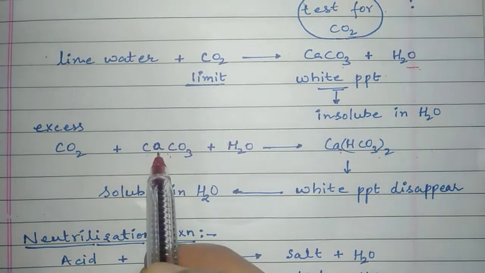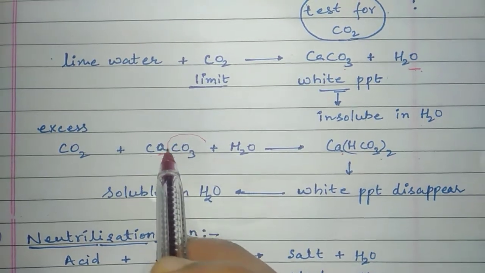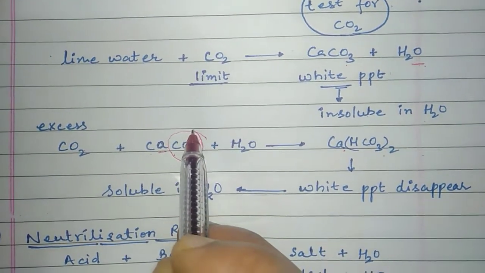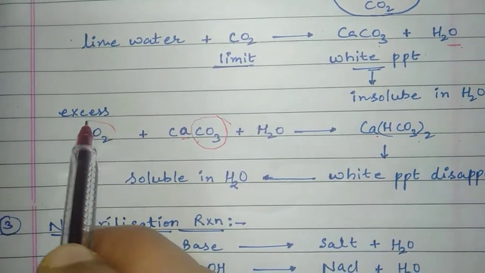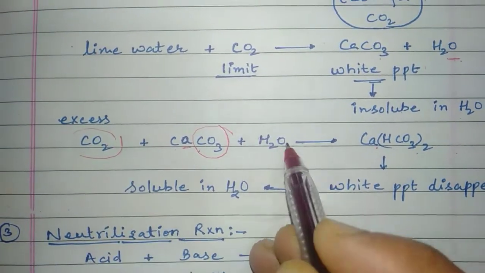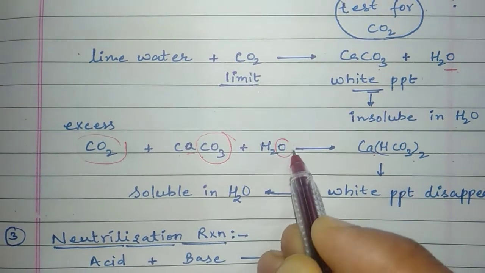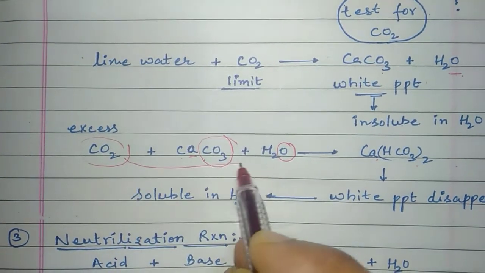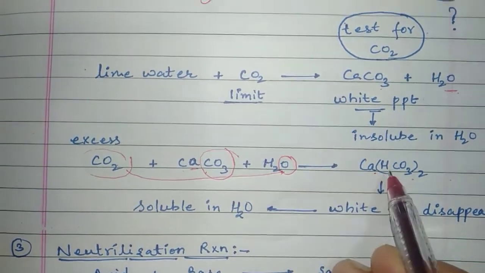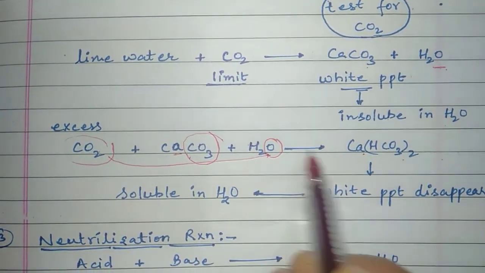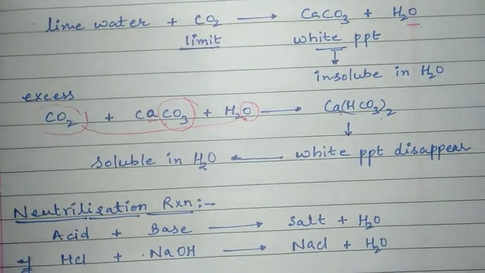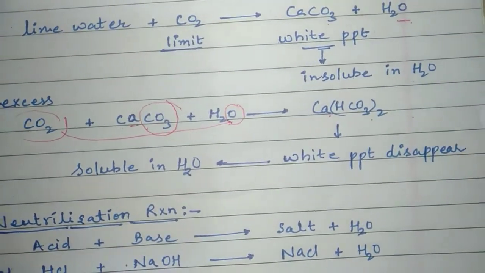So calcium is here, one carbonate is already present in the reactant of the reaction. Another carbonate will be produced by this CO2 and one oxygen atom which is present in the water. So two carbonates and two hydrogens are required, so two hydrogens are present. Like this the calcium hydrogen carbonate will form.